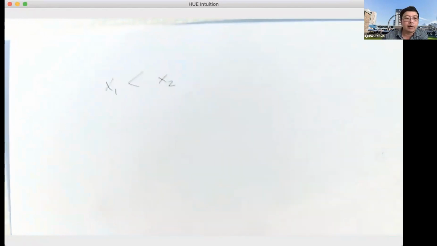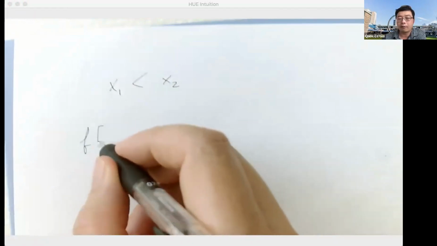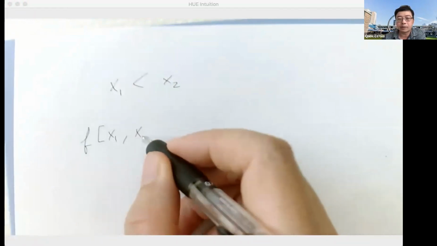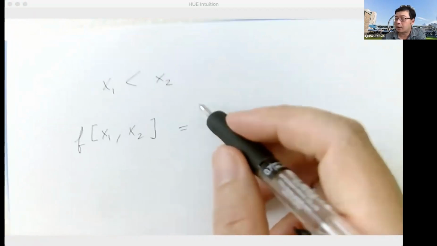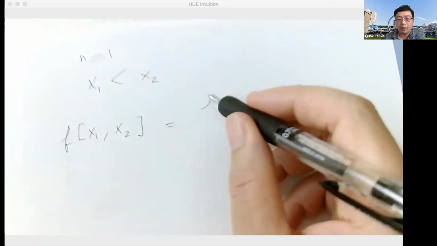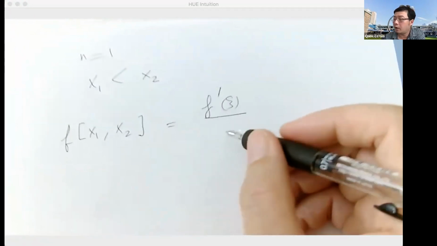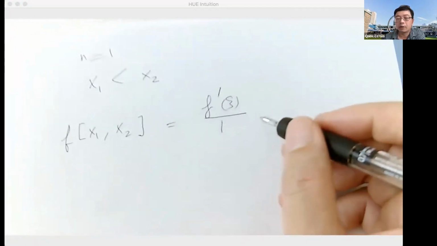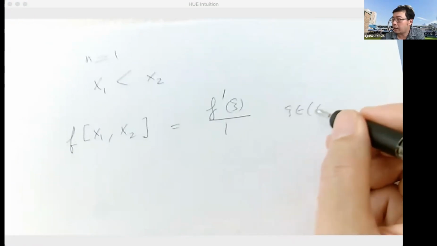Then my claim is f[x1, x2] equals, remember here n equal 1, f prime of xi over 1 factorial, and xi is in (x1, x2).